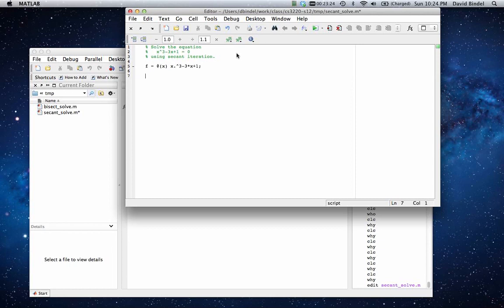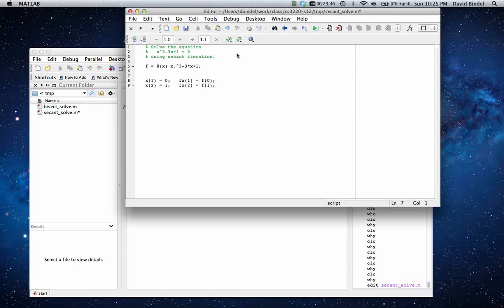And I need two initial guesses because I'm going to draw a secant line in between them. So x of 1 is 0, that's my first initial guess, and fx of 1 is going to be f of 0. And x of 2 is 1, fx of 2 is f of 1.